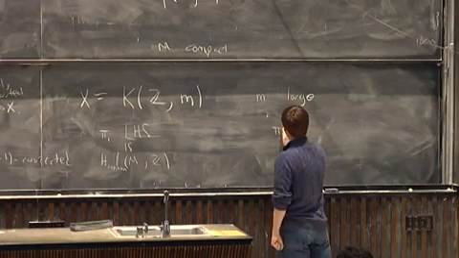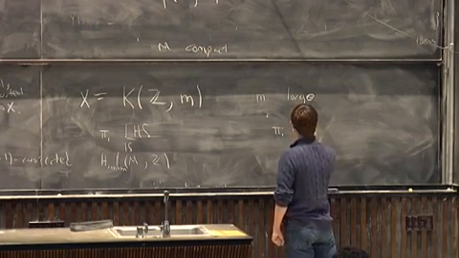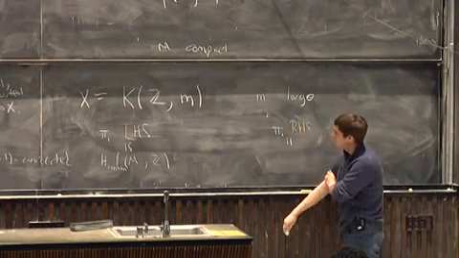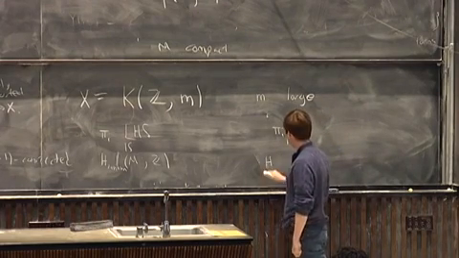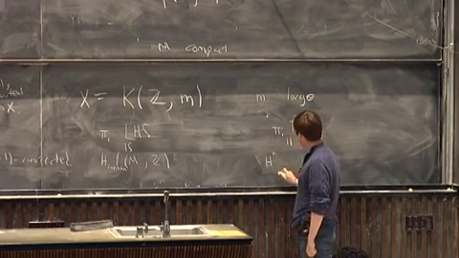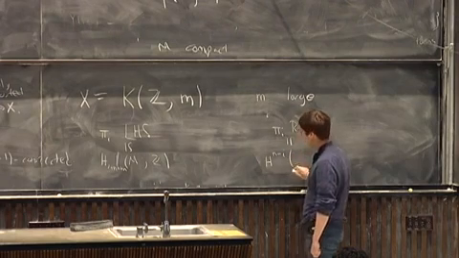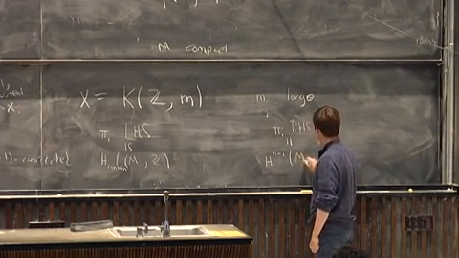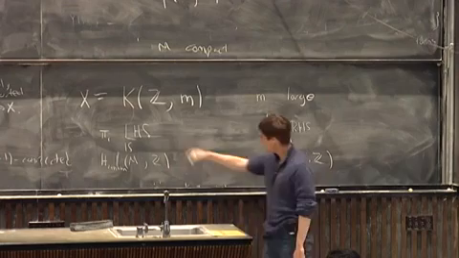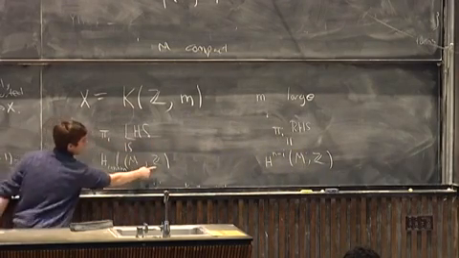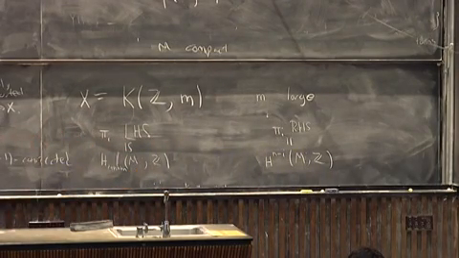And if you compute pi_i of the right-hand side, what you get is the cohomology H^(n-i) of M with coefficients in Z. This is in the case where M is oriented. What really goes here is the orientation local system.